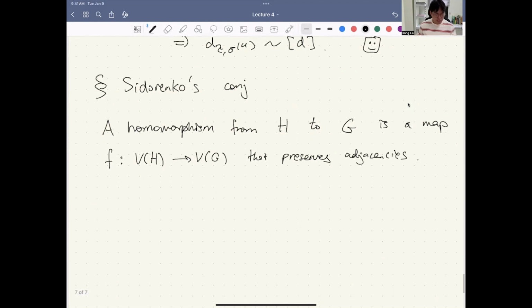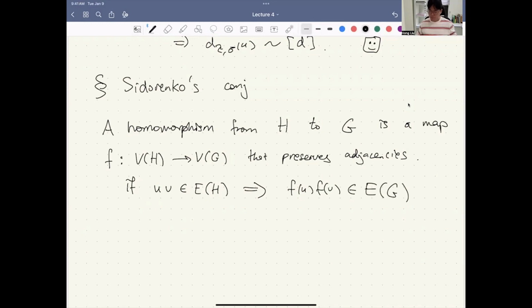What it means is that if the pre-images are adjacent, then the images must be adjacent in G as well. So if U, V are adjacent in H, then f(U), f(V) must be adjacent in G.